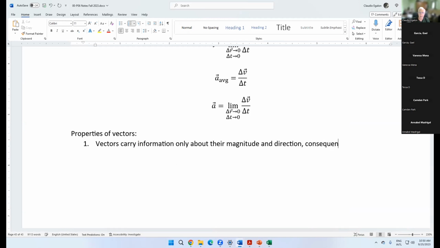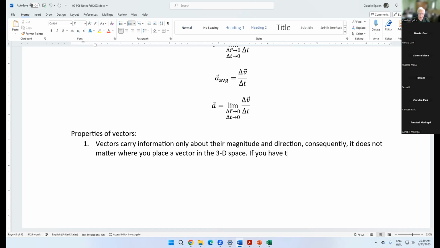Consequently, it does not matter where you place a vector in the three-dimensional space, okay?